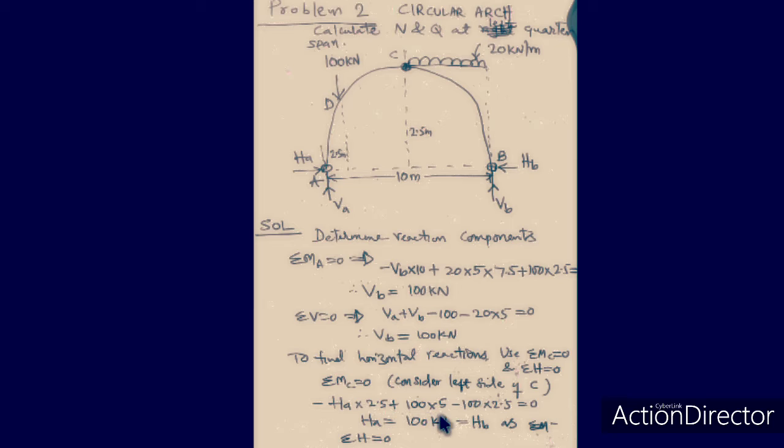So 100 into 5 minus 100 into 2.5, anti-clockwise, 100 into this distance. The third term is related to the point load, 100 into this distance, which is again 2.5. So the perpendicular distance between 100 and the point C is 2.5, which is written here. This must be equated to 0.